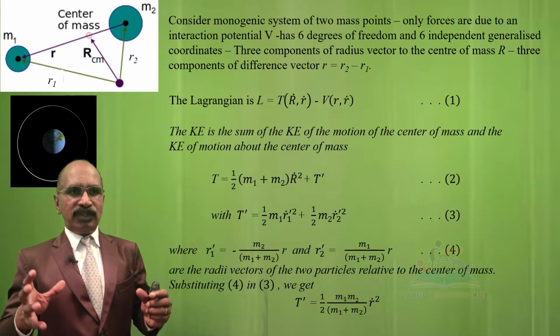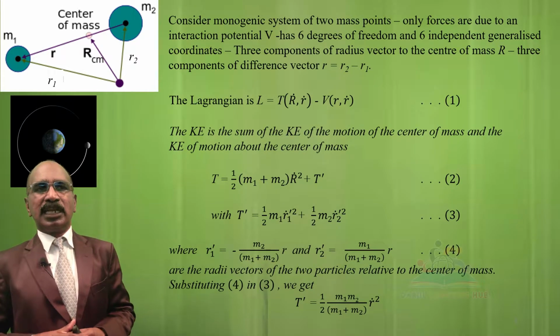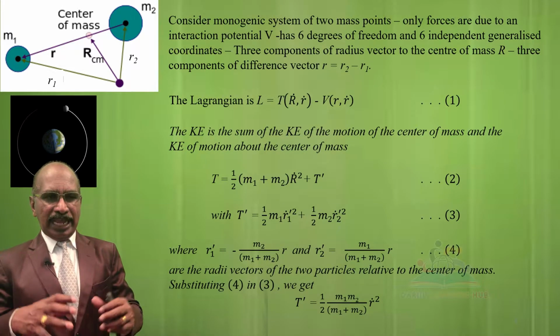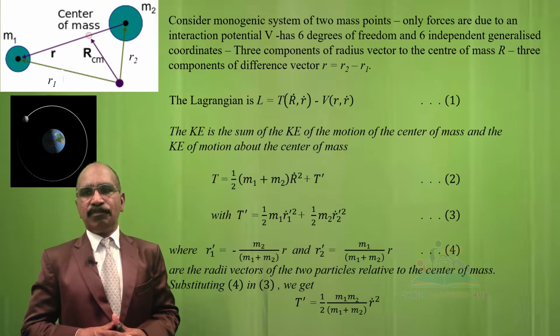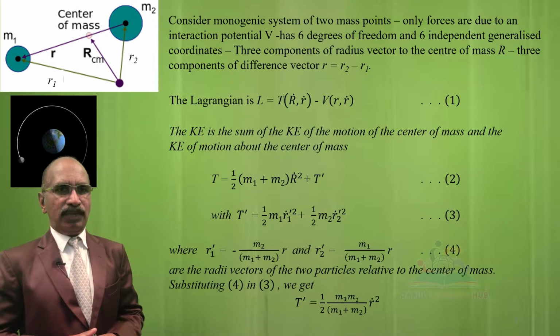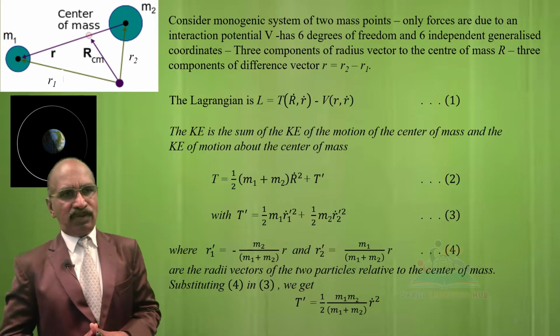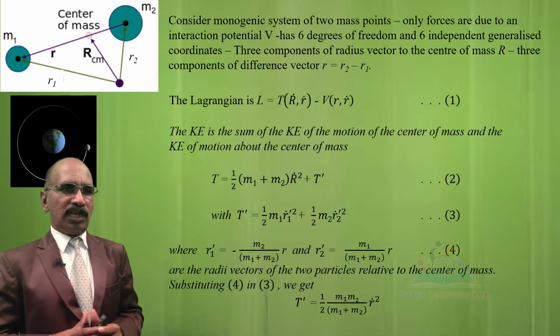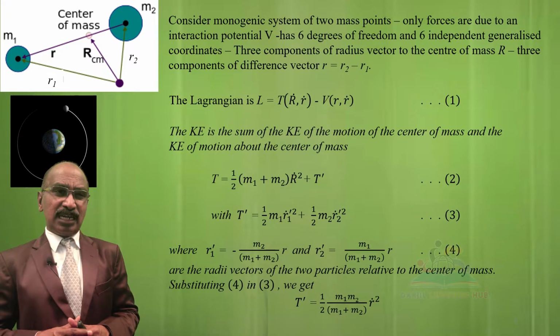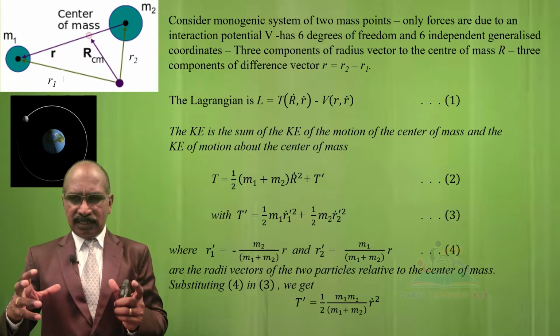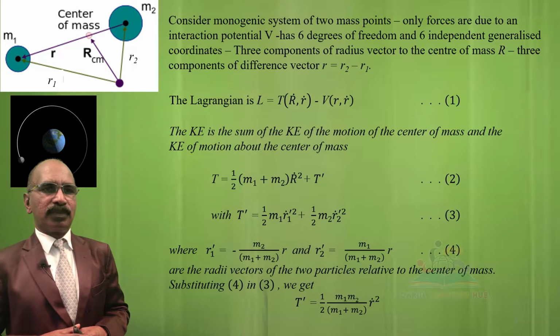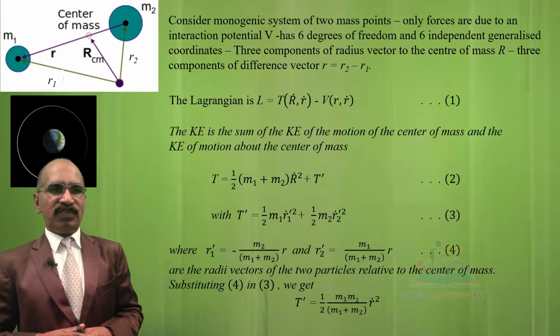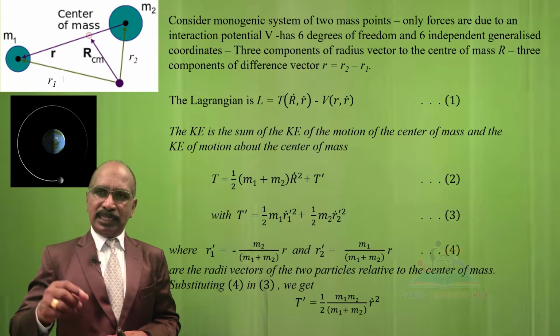So altogether we have 6 independent generalized coordinates. Now the Lagrangian can be written as L equal to, given by equation number 1, where the kinetic energy is a function of capital R dot and small r dot, and the potential V is a function of small r and small r dot.